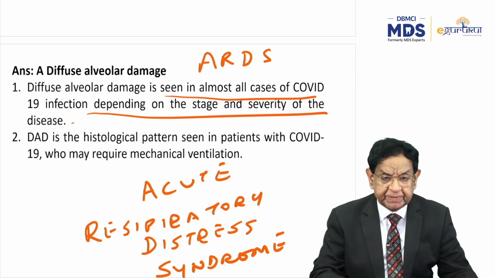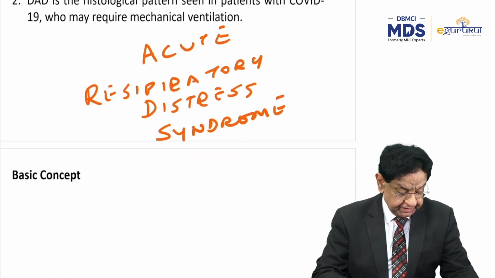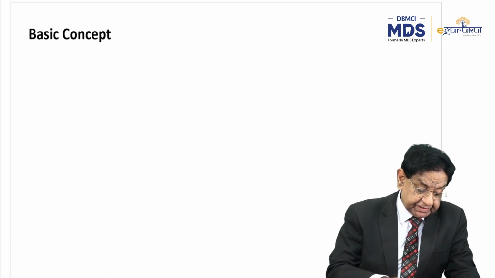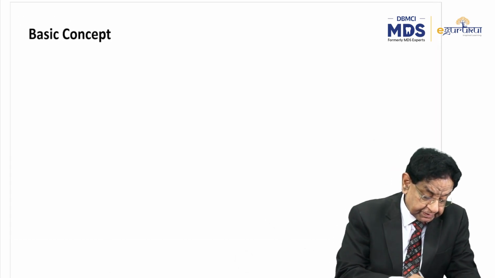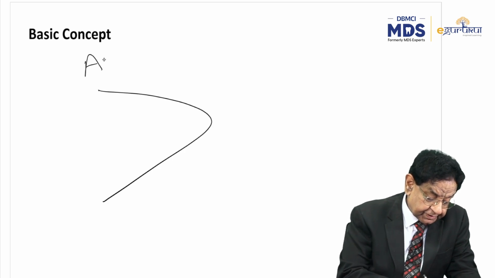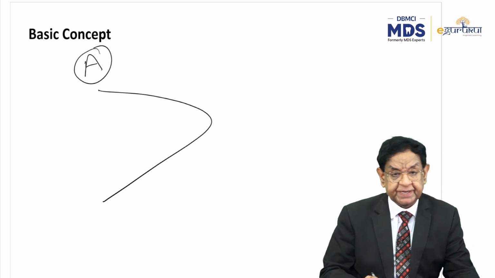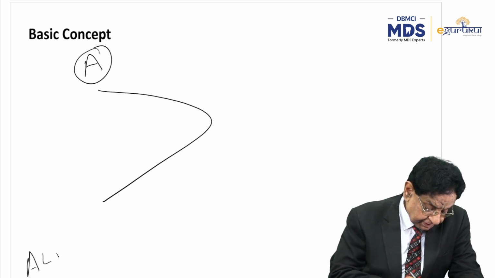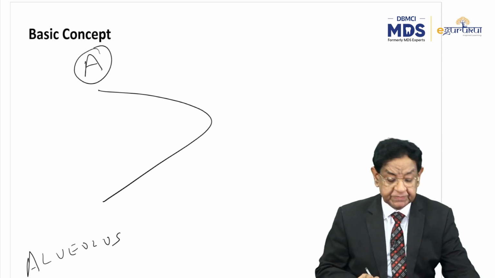So let us learn the basic pathology, the basic concept. This is the alveolus, capital A for alveolus of the lung.